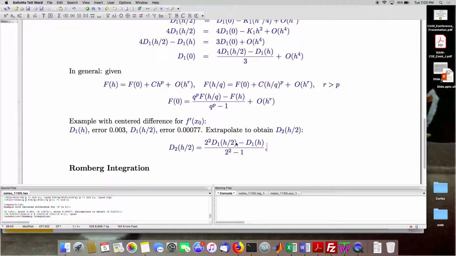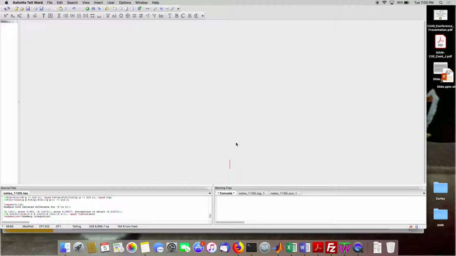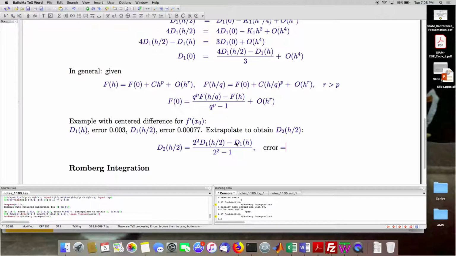And what is the error in this approximation? So it turns out to be, let's see, where do I have that written down? Oh, sorry, it should be d2 of h, not h over 2.